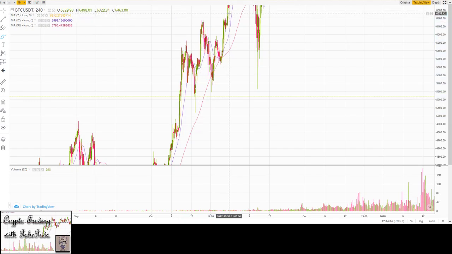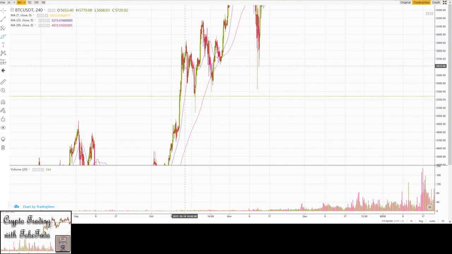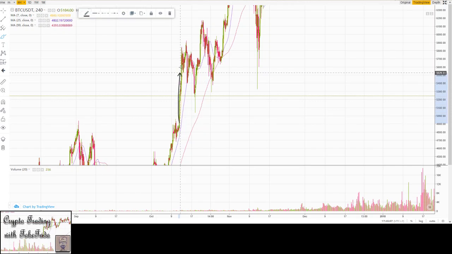And as you can see with my poor drawing here, it still shows that when we have an upward movement, we have a strong downward movement, and again an upward movement and a strong downward movement. This didn't really go up and stayed here and went up again, something like that.